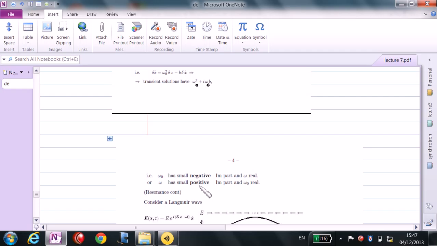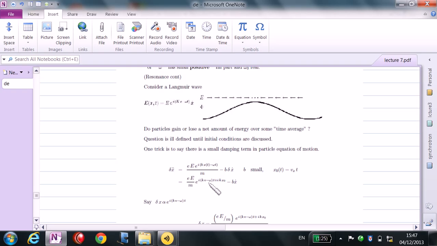But either way, I'm picking the imaginary part so as to make the homogeneous part of the solution vanish at the time of interest. Okay.